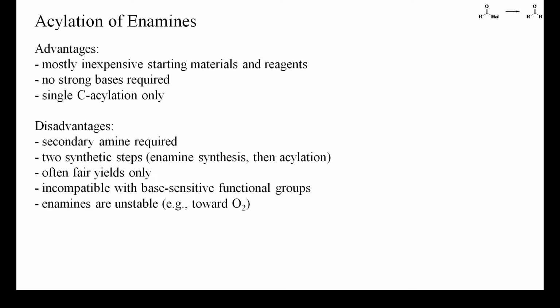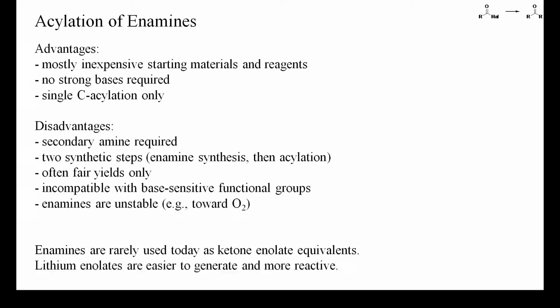Before LDA and similar bases became readily available, enamines were valuable synthetic intermediates. But today, enamines are only rarely used in synthesis. Usually, it is easier to generate lithium enolates in situ, either from a ketone or an imine. Lithium enolates are more reactive than neutral enamines and usually react much faster.